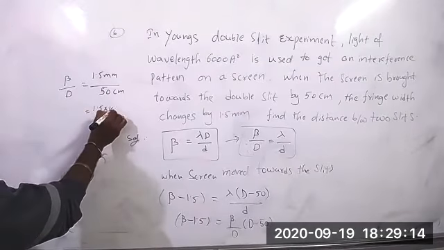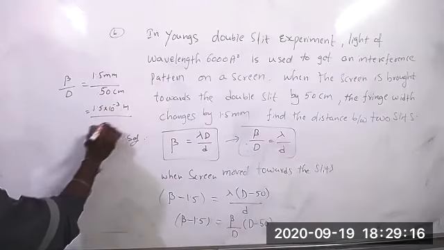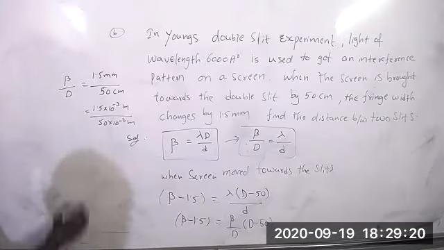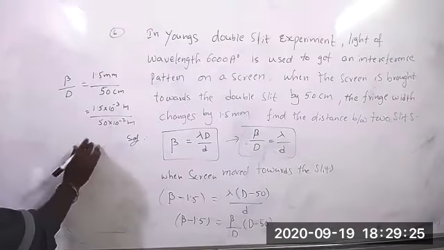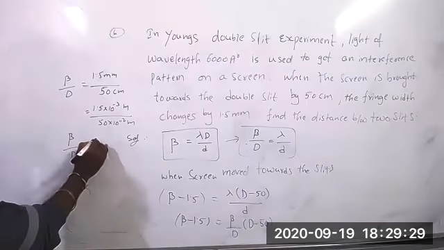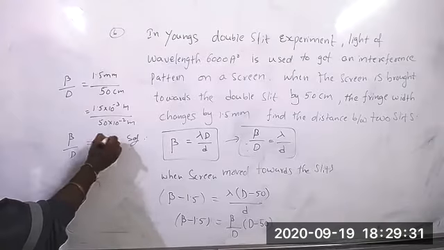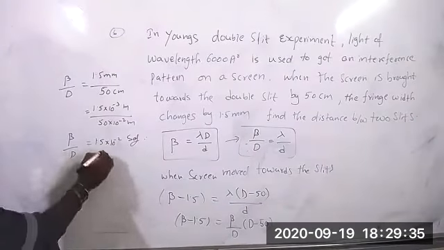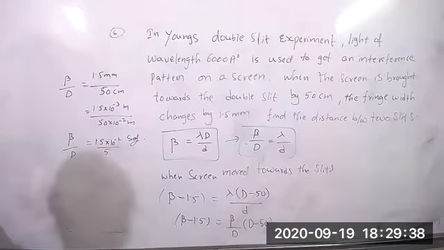Generally, beta by d, when we are solving, 1.5 millimeter, and it is 50 centimeters. 1.5 into 10 to the power of minus 3 meters, 50 into 10 to the power of minus 2 meters. Beta by d is 1.5 into 10 to the power of minus 2 by 5.